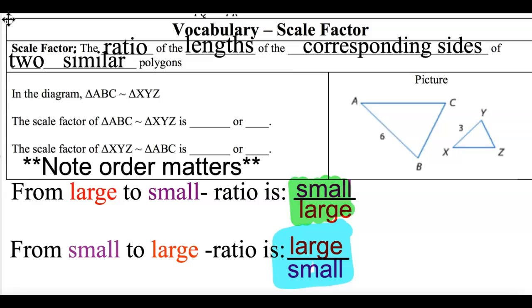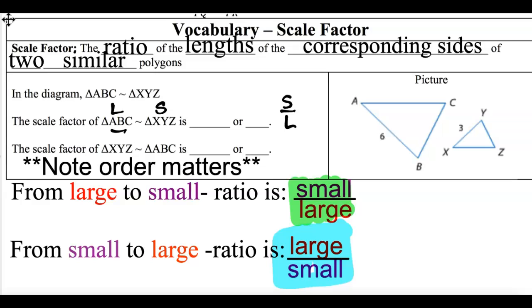So let's see if we can figure out the ratios for this one here. So let's see, I'm going to go from triangle ABC, which is the larger triangle, to triangle XYZ. So that is the smaller.